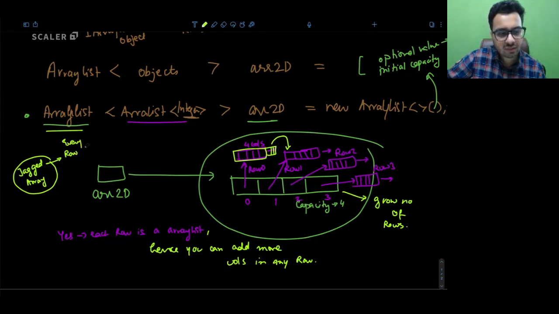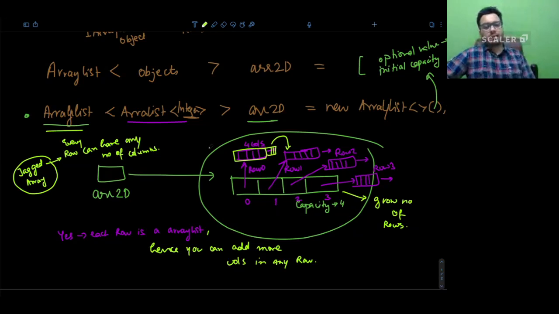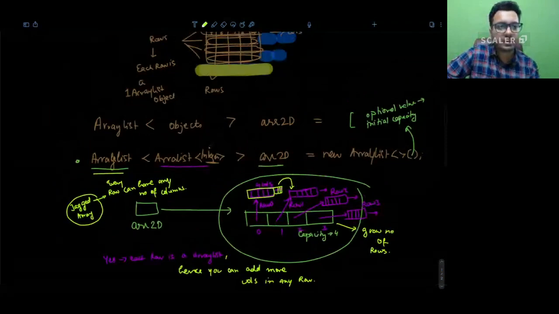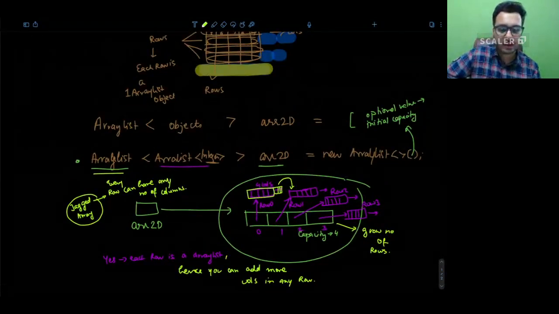Every row can have any number of columns. Got it? Are you getting it? So this is how the memory representation of a 2D array list would look.